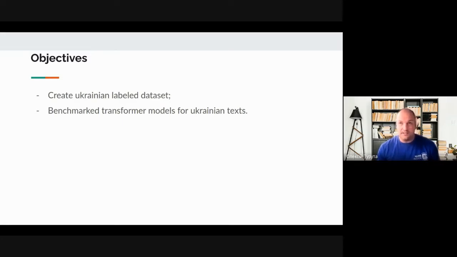We need to improve the quality of language resources, and we want to create this dataset. The second part of our paper is benchmarking transformer models on the created dataset.